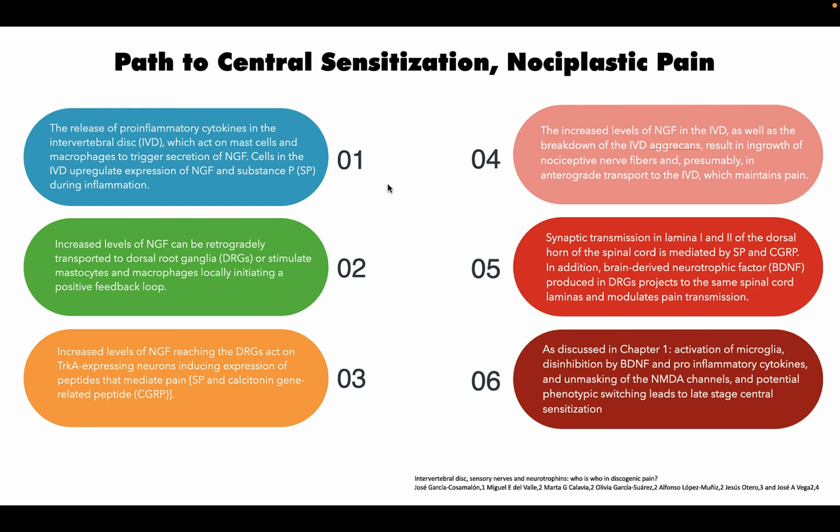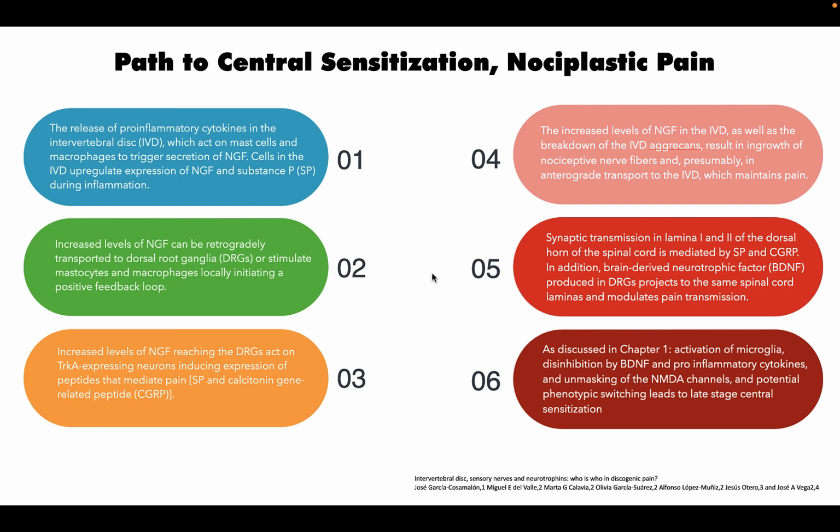Number 4, the increased levels of nerve growth factor in the disc, as well as the breakdown of the intervertebral disc aggrecan, result in the ingrowth of nociceptive nerve fibers and presumably in anterograde transport to the IVD, which maintains pain. Number 5, synaptic transmission in lamina 1 and 2 of the dorsal horn of the spinal cord is mediated by substance P and CGRP.